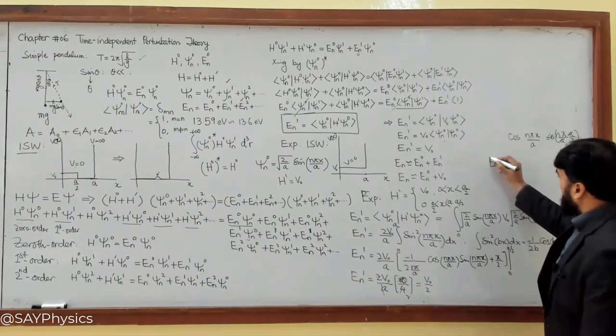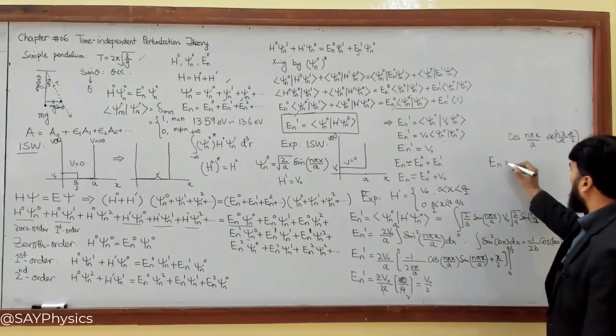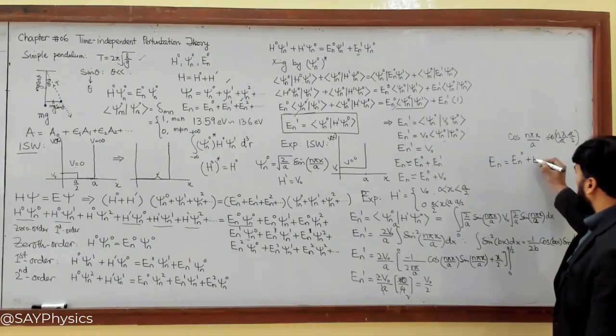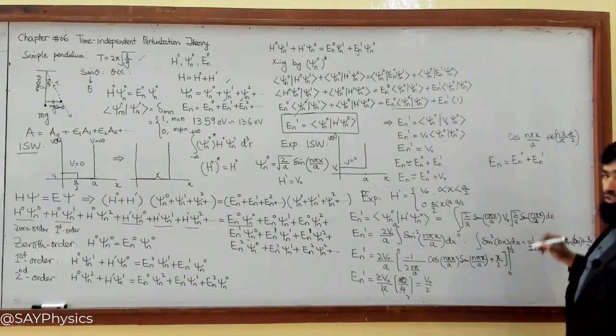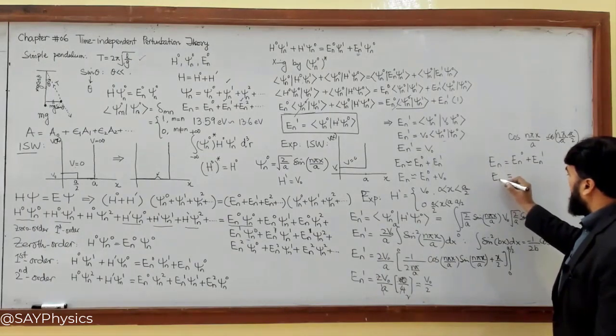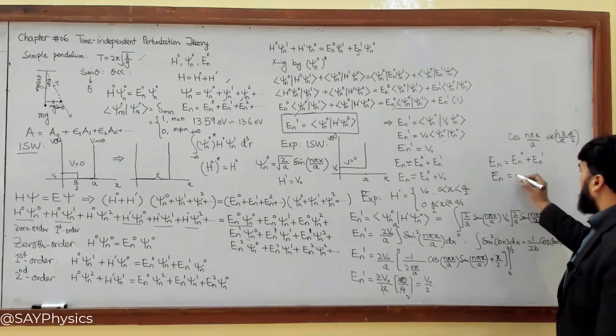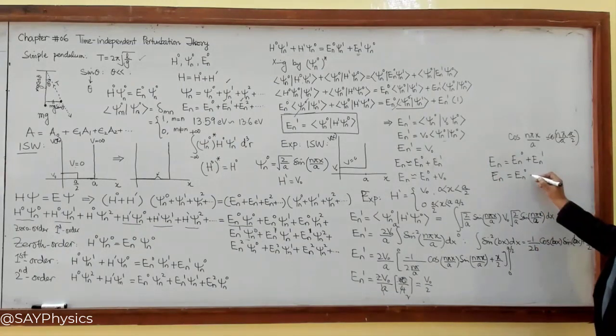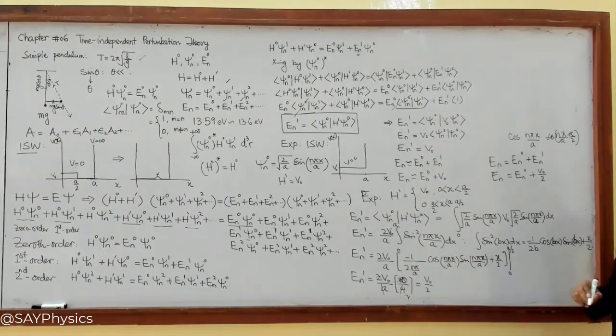Our energy, which is En, is now the unperturbed energy plus the first order correction to this energy. The unperturbed energy, whatever the value of it, we have already derived, is En0, plus V naught over 2 here.